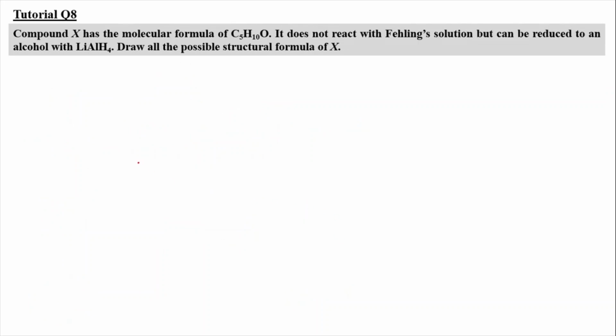Okay, now we move on to tutorial question 8. So compound X here has the molecular formula of C5H10O. It does not react with the Fehling solution, but it can be reduced to an alcohol with lithium aluminium hydride. Draw all the possible structural formulas of X. Okay, so X just now will have a formula of C5H10O.